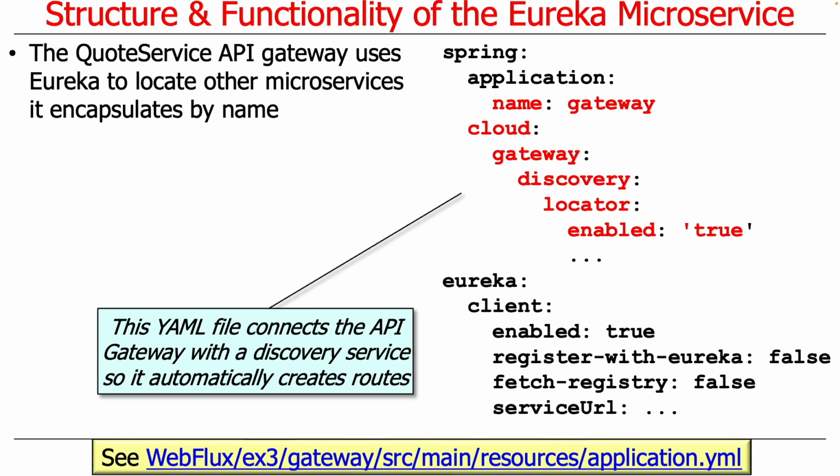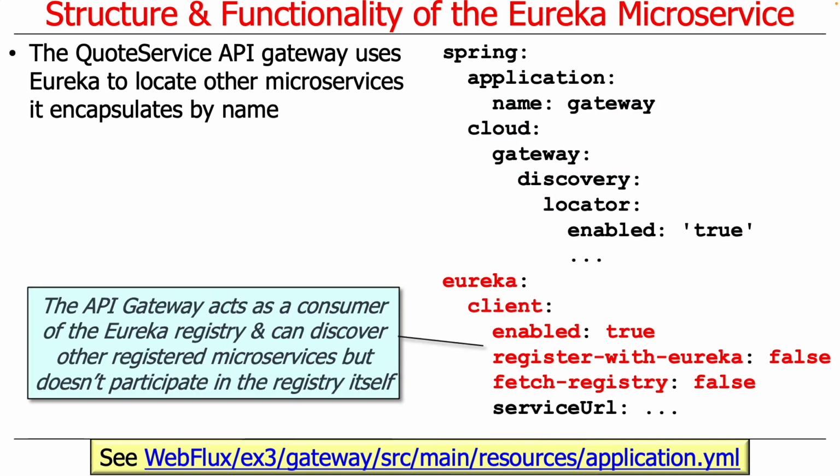I want to be a Eureka client, and I'm going to get the information to route the requests that come to me from Eureka. So we say gateway, cloud, discovery, locator, enabled, true. And so that's basically saying, I want to use Eureka to tell me where to go. This is in lieu of having to write this code manually the way we had done before, where you actually provide the routes and you hard code those routes.